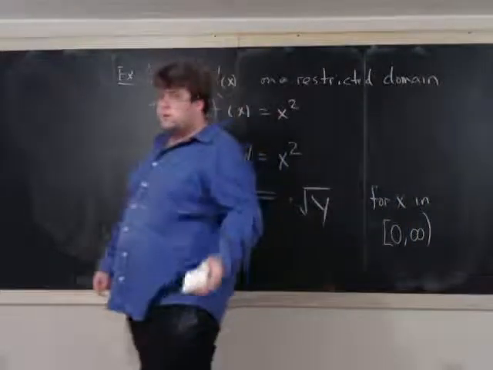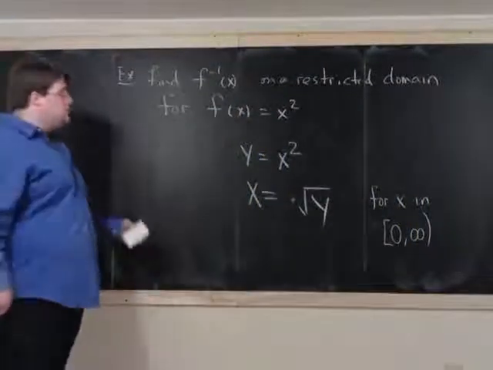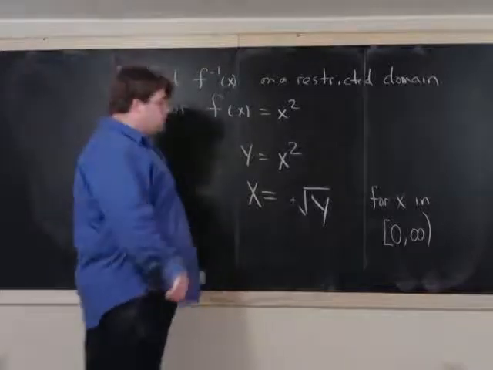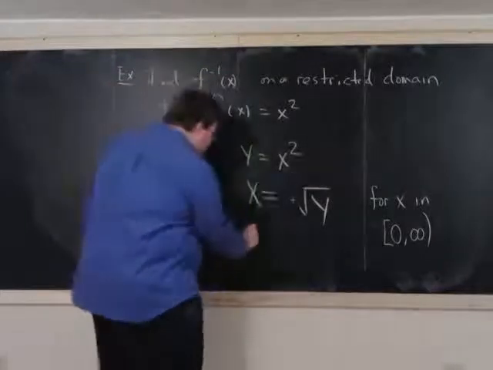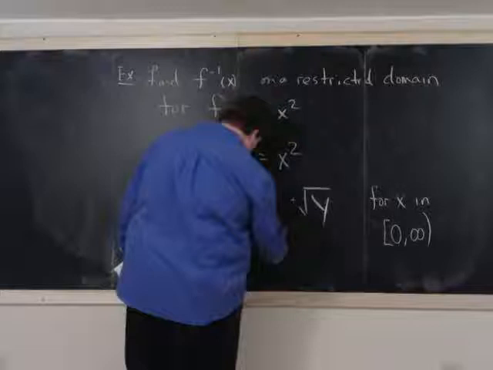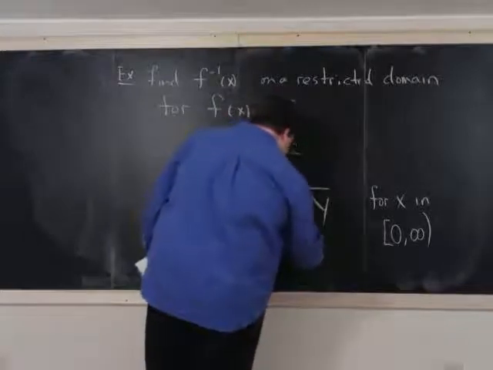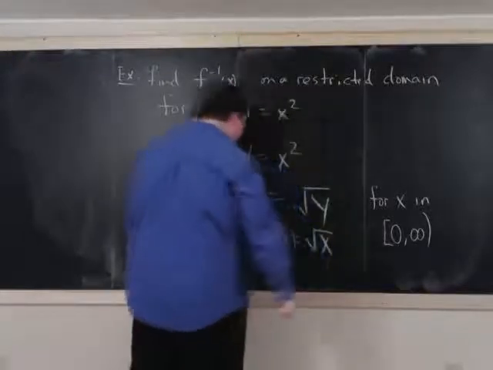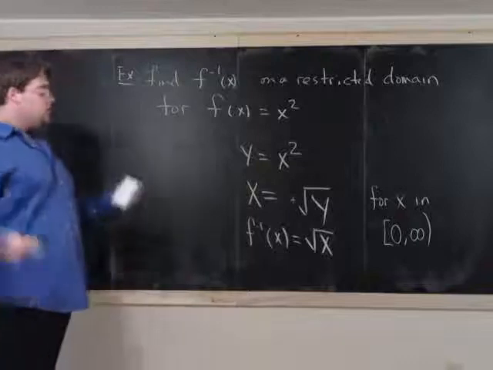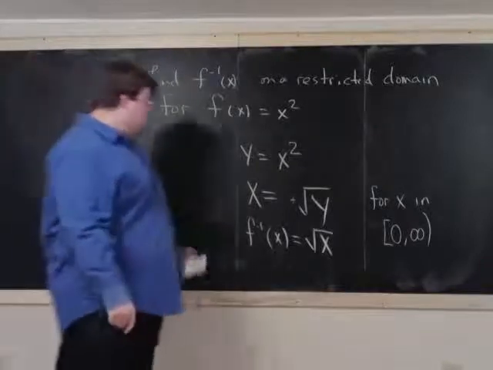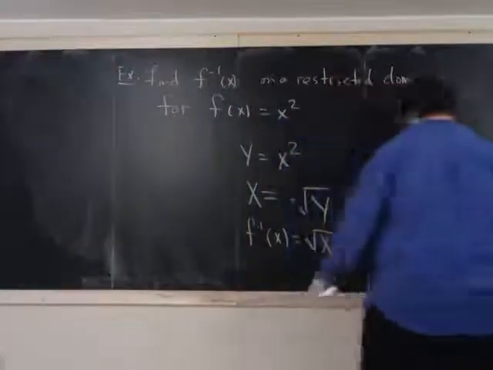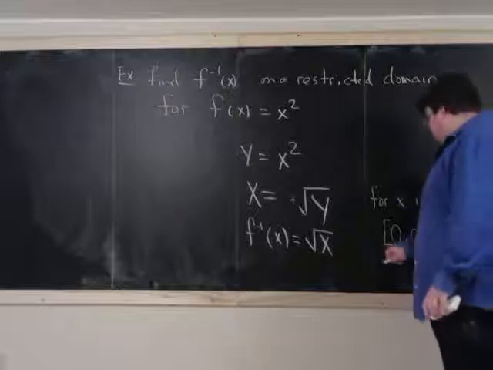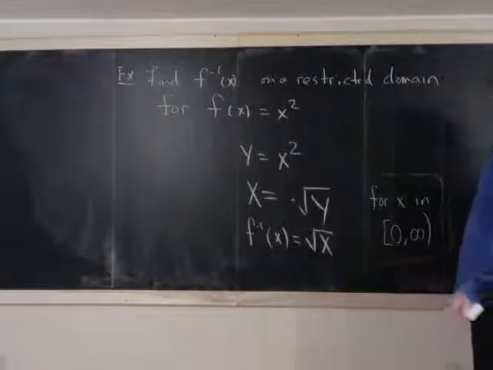So we're going to restrict our domain to 0 to infinity. And doing that allows us to go to step 3 and say f inverse of x is just root x. This is now a function, and we have this domain restriction.